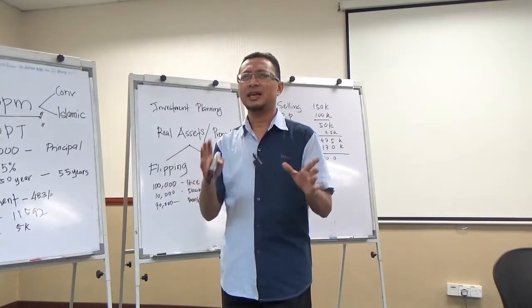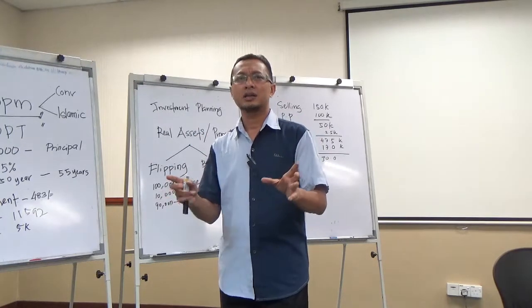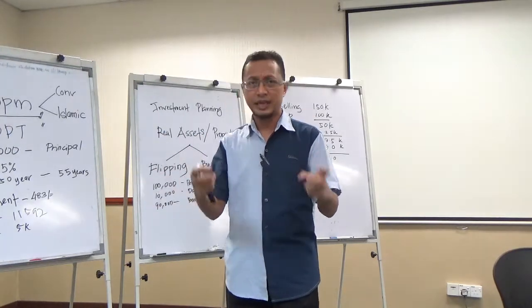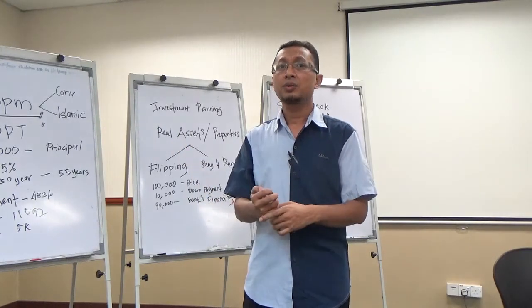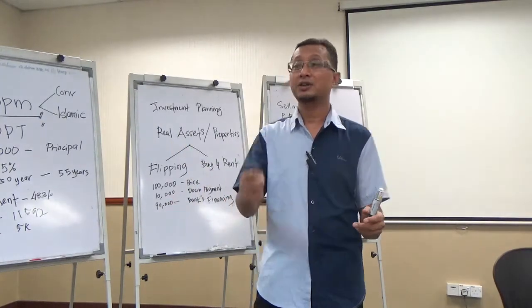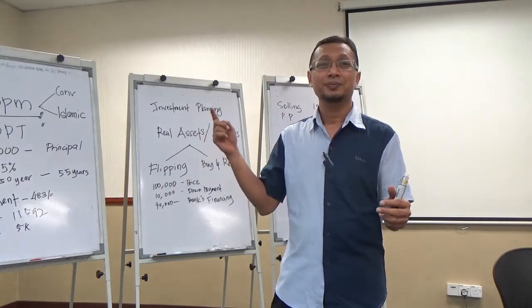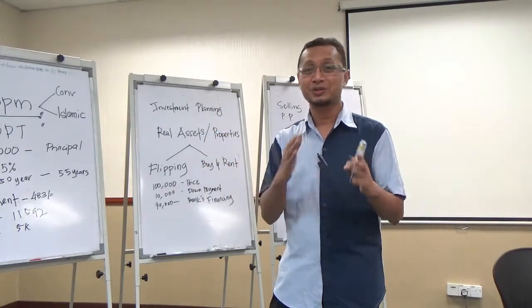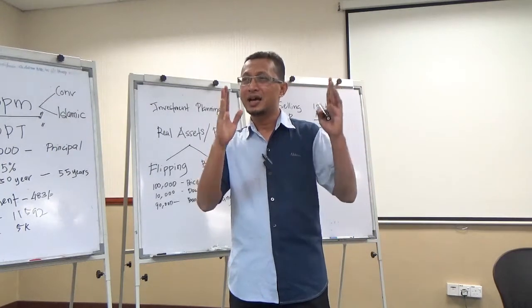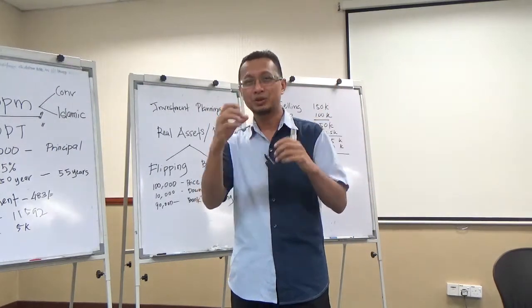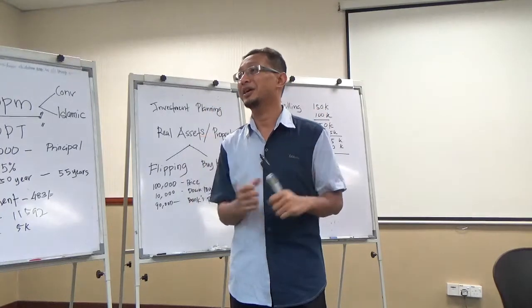You just estimate how much work needs to be done, how much is the renovation cost. So probably you need to have your contractor with you when you want to see the house, and ask him how much it would need if you want to refurbish it to become like a new one.